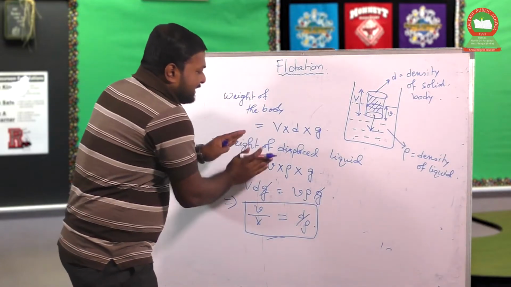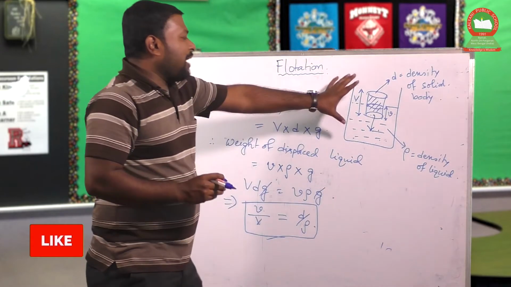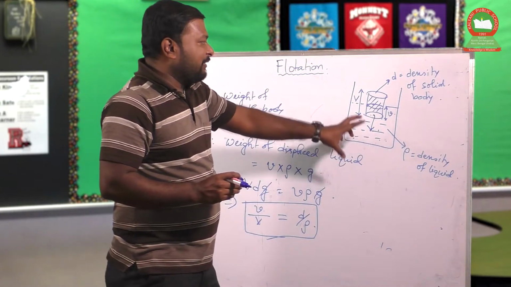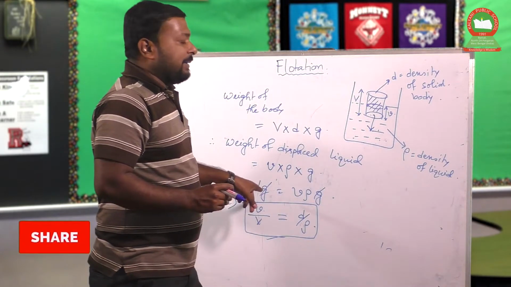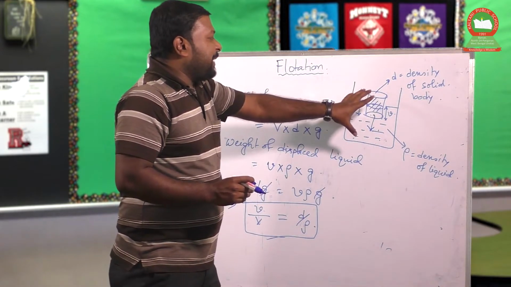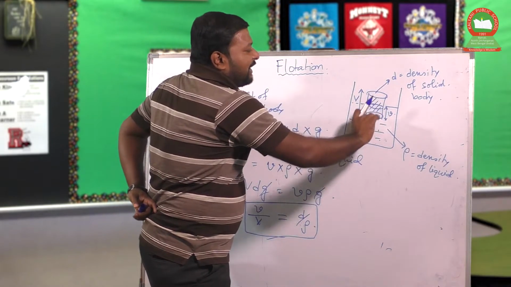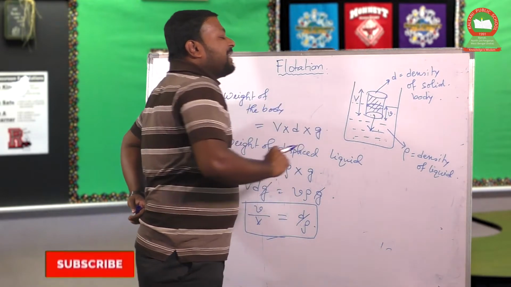So in this case there is a partial submersion, but if the total body were completely submerged in the liquid, then the two volumes would be the same. But here, one half of that body is in the liquid and one half is above the liquid surface.